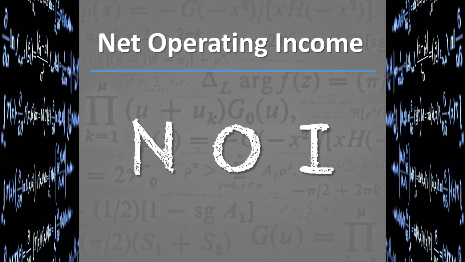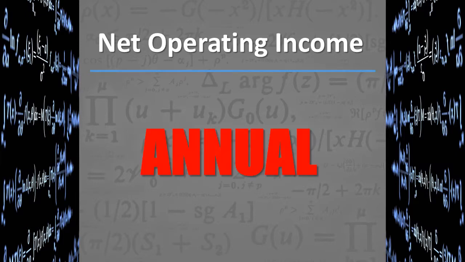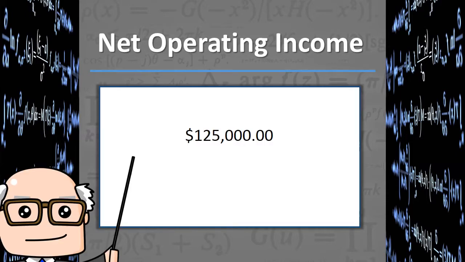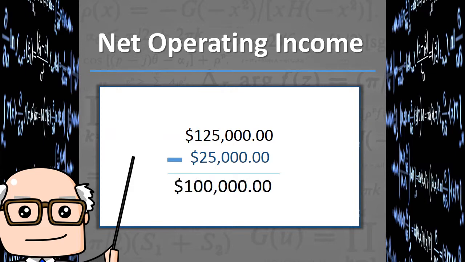So the income you need is, I'll give it to you monthly, you've got to make it annual, and then you might have an income of $125,000 or something, and then they're going to say the operating expenses for this were 25%, or they might give you the number, $25,000, and so that would mean that your net operating income, NOI, was this number.